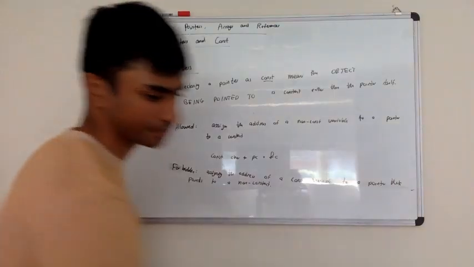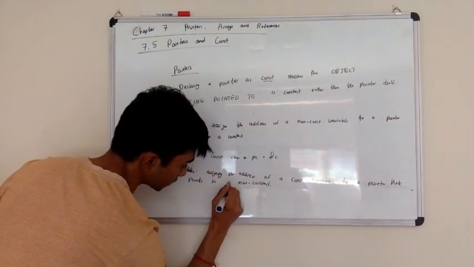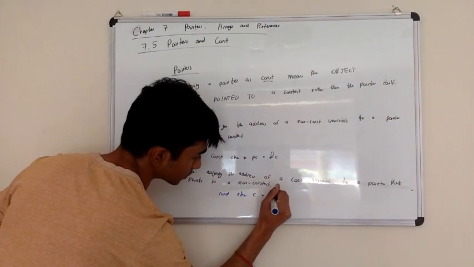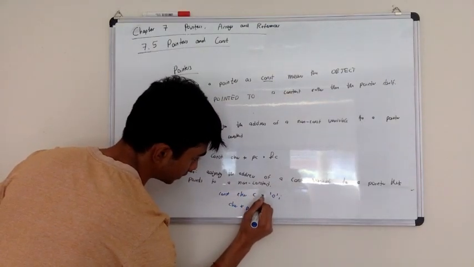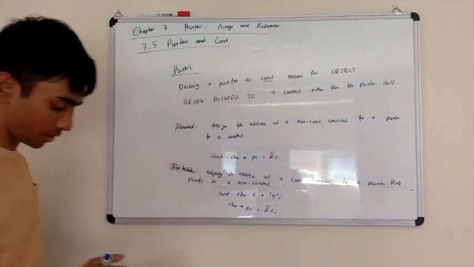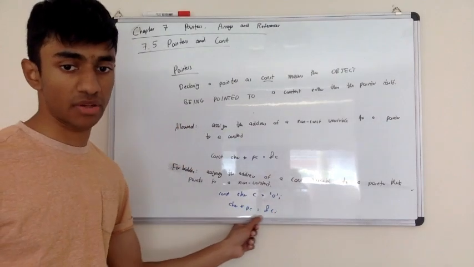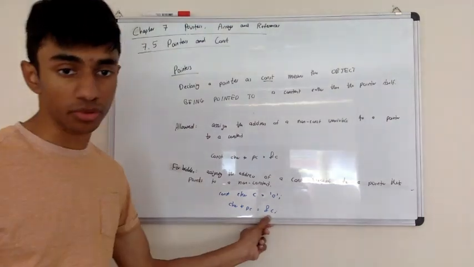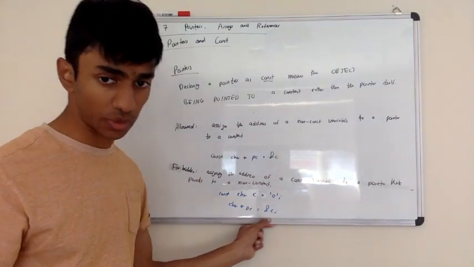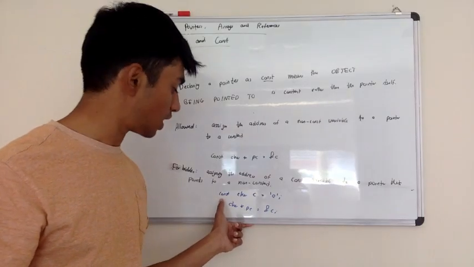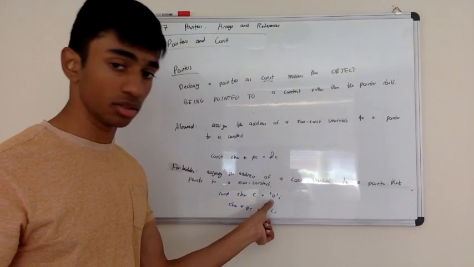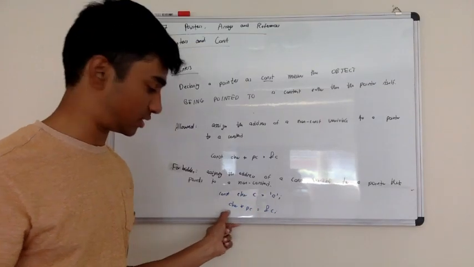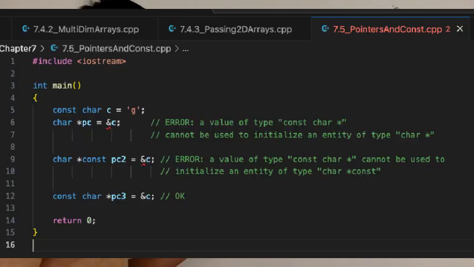So imagine if I was to say, const char C equals the letter A, and then I was to try char star PC equals &c, this is problematic. Because without any constants written down here, it seems implied that we could change the value in the memory associated with C. We could change that value using PC. But this const up top tells us that the value within the memory associated with C, that A value, shouldn't be changed. So this is dangerous behavior. This is dangerous to do. You don't want to be providing non-const pointers to point to variables that are constant. Okay?